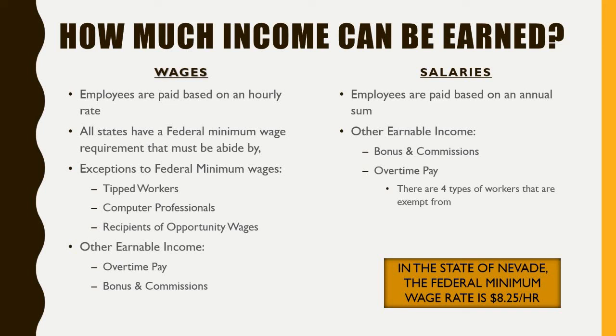That means they can earn $8.25, and every dollar that they earn in tips is going to count towards the income that they earn. So that means the company doesn't have to pay for them, but other people pay into their wages. That's why tipped workers are one of those exceptions to the minimum wage rule, okay? Because they're earning extra money on top of doing their job, right? They're based on their tips and earnings, okay?